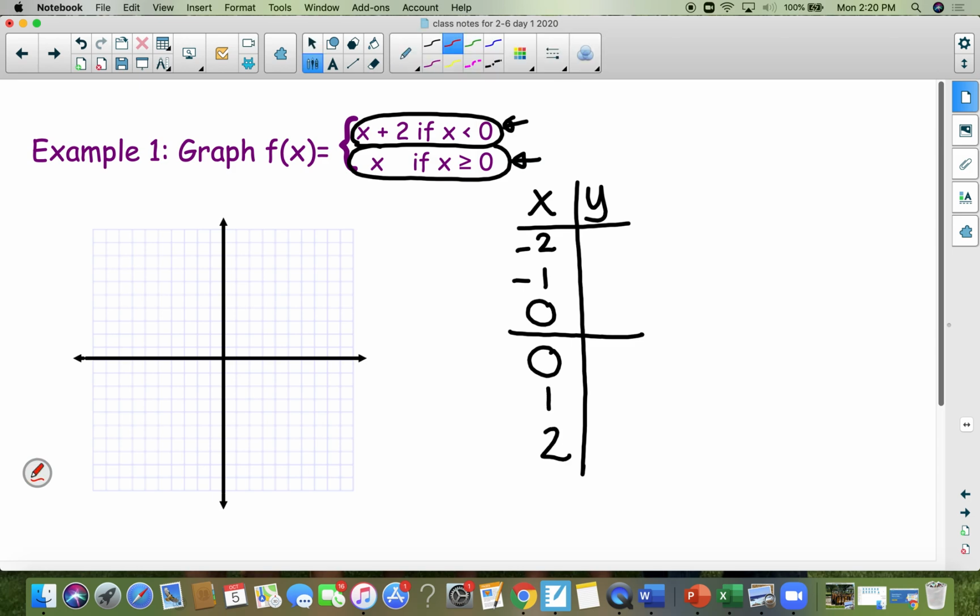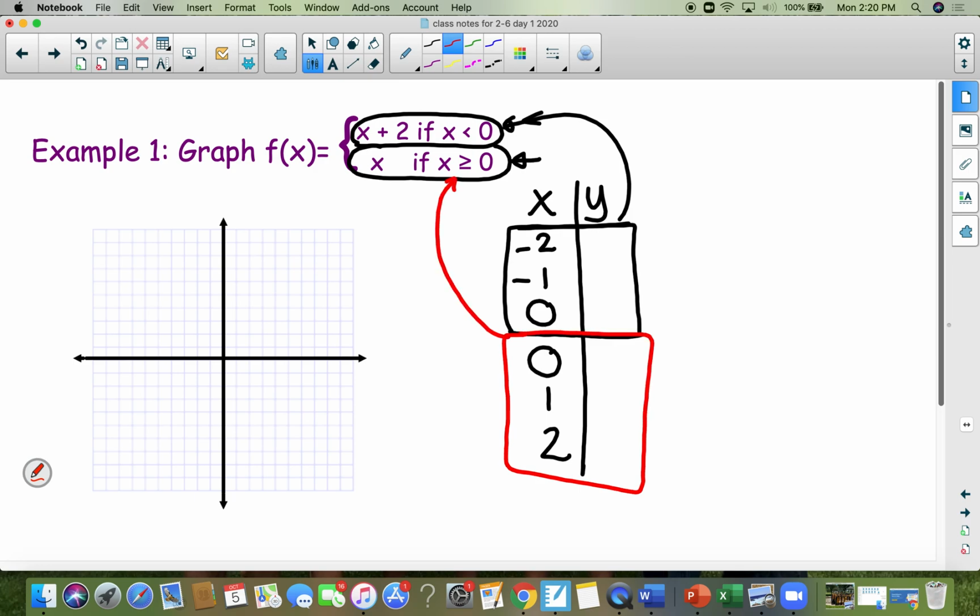Again, you might not catch on to this right away, but after I do a couple of these, you'll catch on. Okay, this one right here belongs to this one right there. These 3 points belong to this one right there.